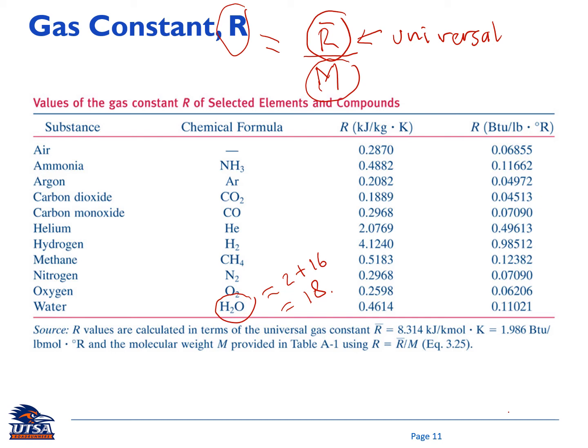Now if I divide R over bar by the molecular weight of the individual substance, I get R for each substance. This is very popular for air: it is 287 joule per kilogram Kelvin, or 0.287 kilojoule per kilogram Kelvin. And I also have this one for water.